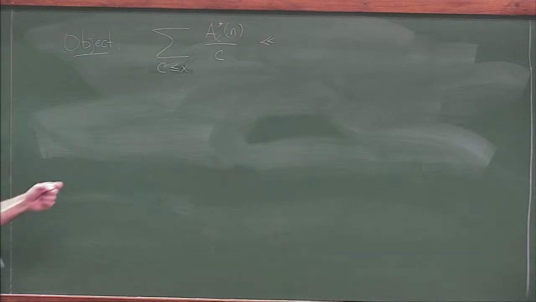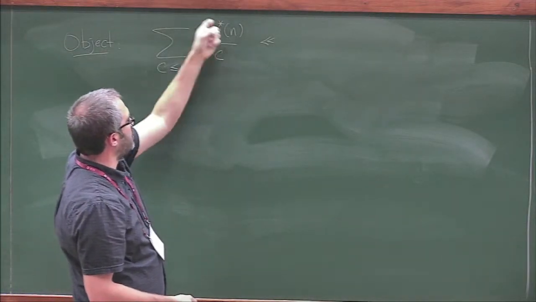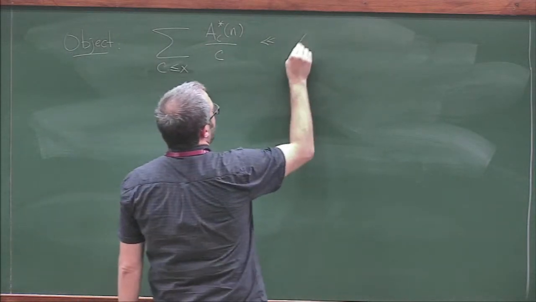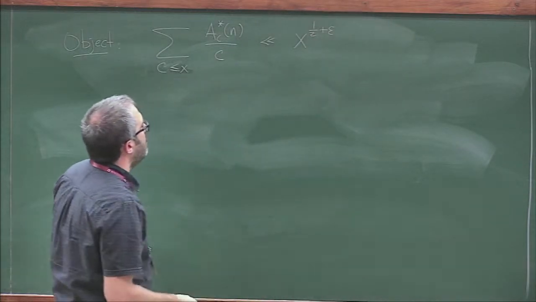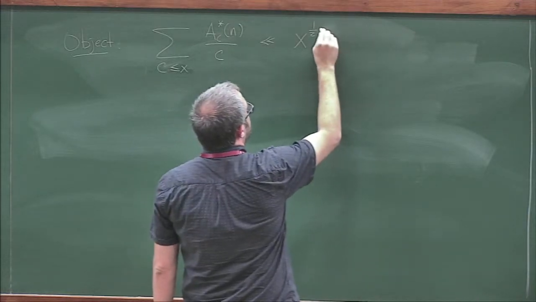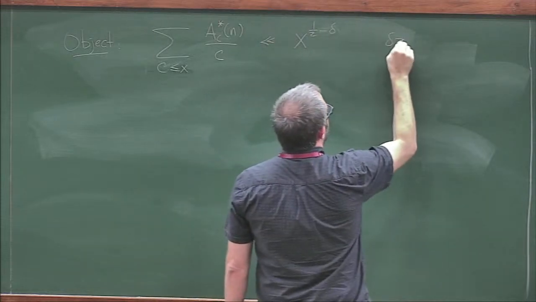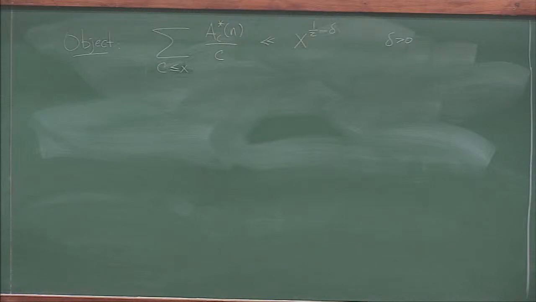So the pointwise bound, okay, if I just plug in c to the 1/2 here, then we're summing over things that look like c to the minus 1/2, which should give us something that looks like x to the 1/2 plus epsilon. Okay, but we need to do better than that by a full power saving, and so we need something like x to the 1/2 minus delta for some delta that's some positive number. Any positive delta will do.